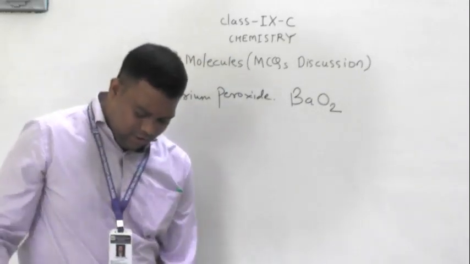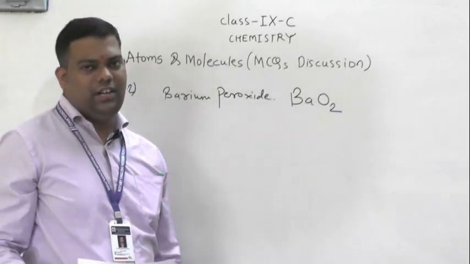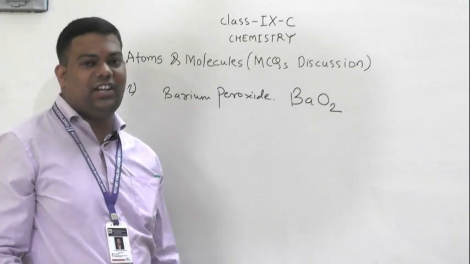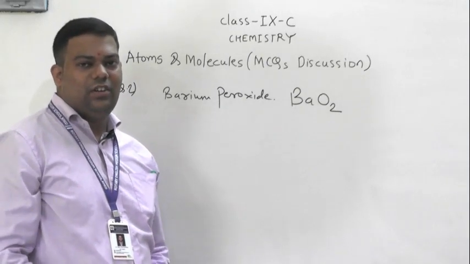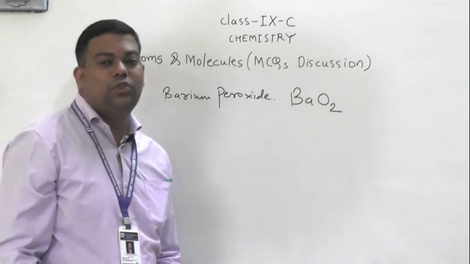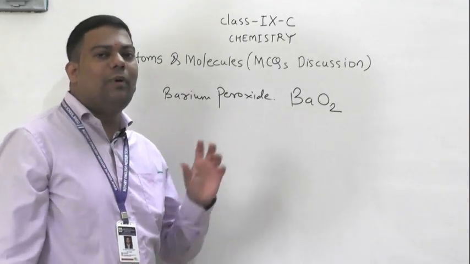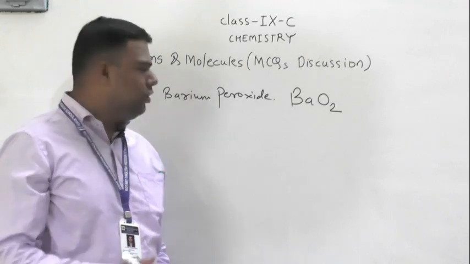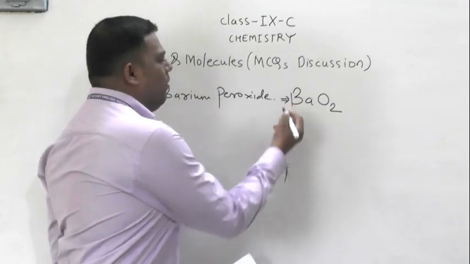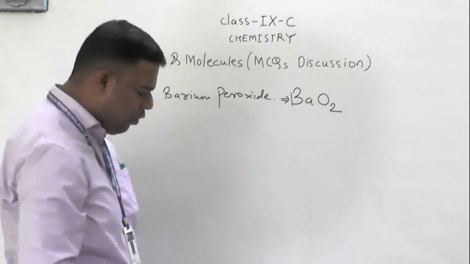BaO2 is your barium peroxide. Understood? Like hydrogen peroxide. Then another example, superoxides also. Oxide means simply O2 minus. So barium peroxide is BaO2.